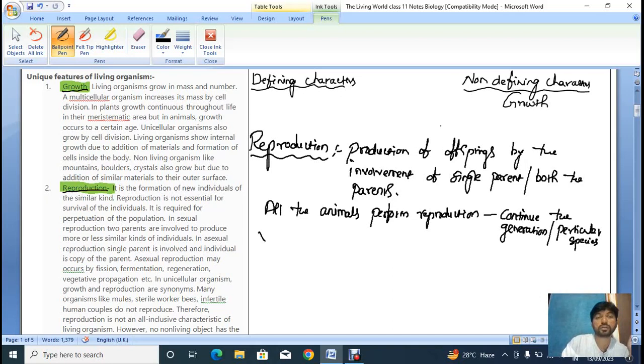Now when it comes to reproduction, when it comes to the honeybees, here only the queen bee, right? Queen bee has the capability of producing eggs.